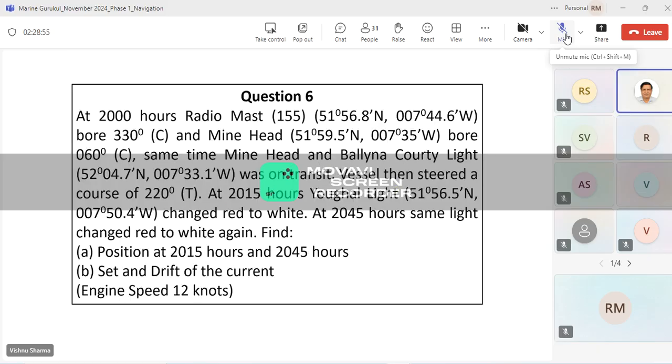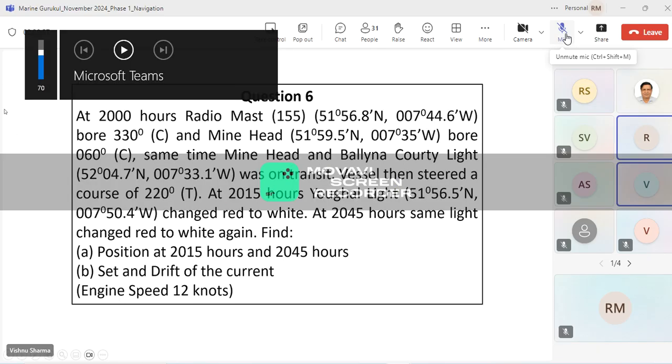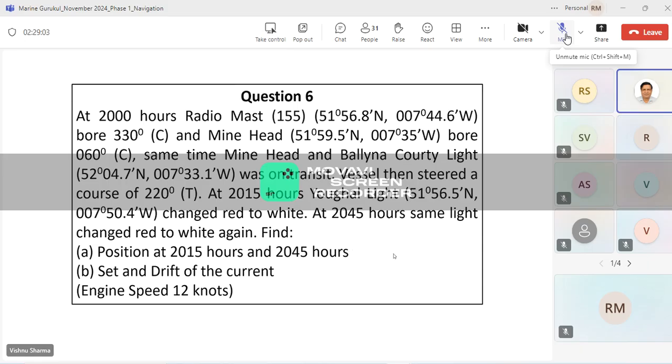The last question of the day, guys. At 2000 hours, radio mast 155, we saw it yesterday also, bore 330 degrees compass, and Minehead bore 060 degrees compass. At the same time, Minehead and Bellinacoti were in transit.